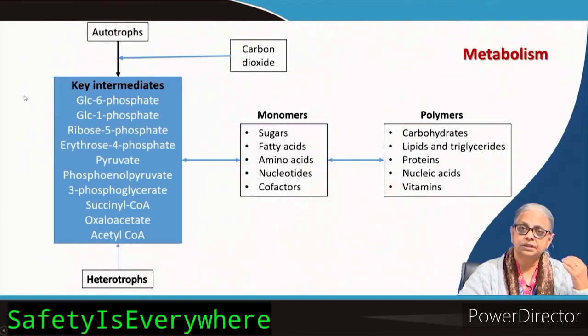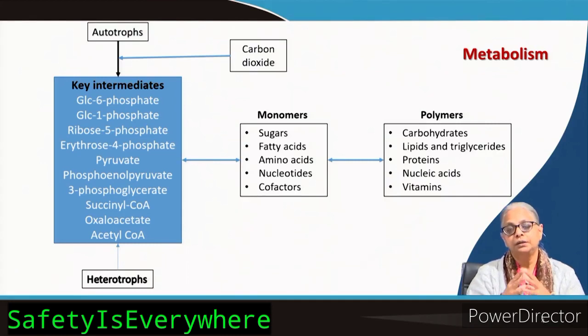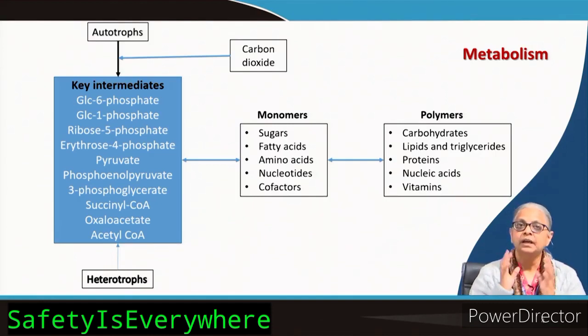Now, as I mentioned, in catabolic and anabolic reactions, there is a breaking down. In the catabolic part, the large molecules are broken down into monomeric units. There are also key intermediates. Nature doesn't spend too much time on creating everything from ground zero. There are key intermediates that are involved in both catabolic as well as anabolic reactions. So they don't have to go down to CO2 all the time.